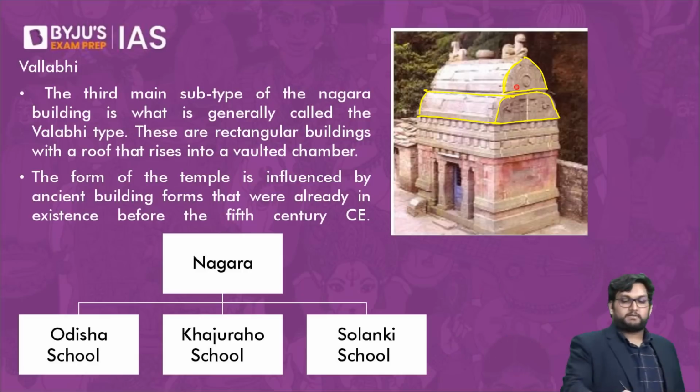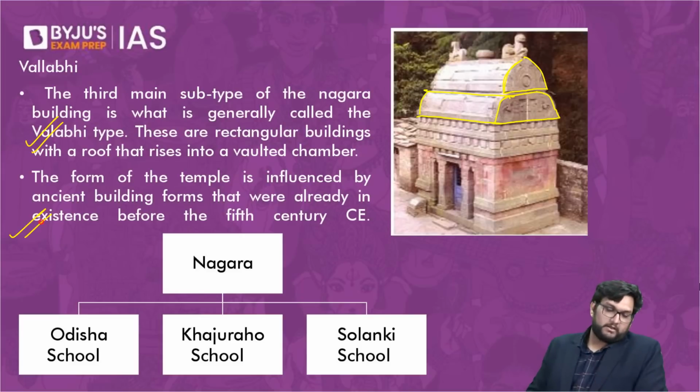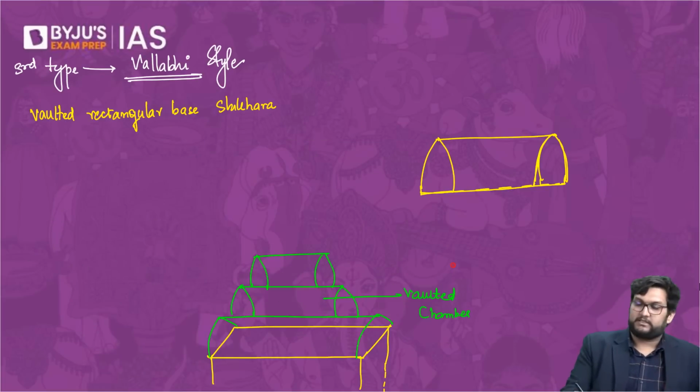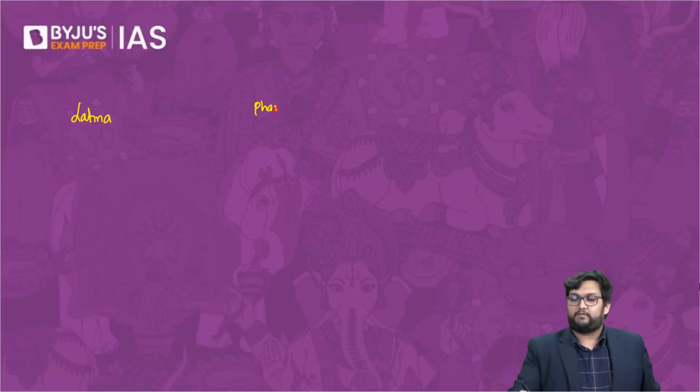And this is quite common in the Gujarat sector. That is why it's called Valabi. The simple point is when you have a rectangular base, this is related to the Valabi rulers or Chalukyas, the Valabi region. Now we have three basic variations in the shikhars. One is called Latina, the other is called Famsana, and thereafter you have the Valabi.